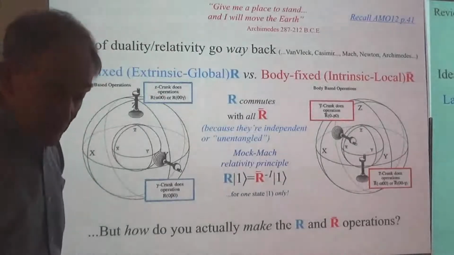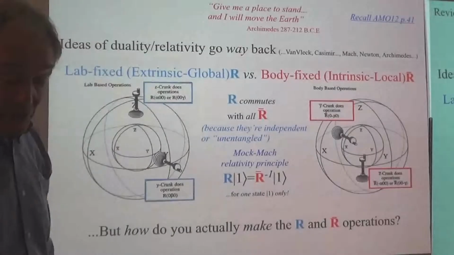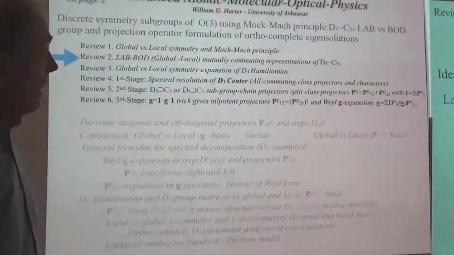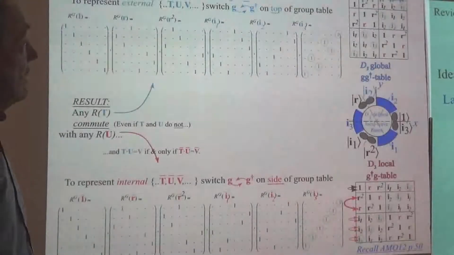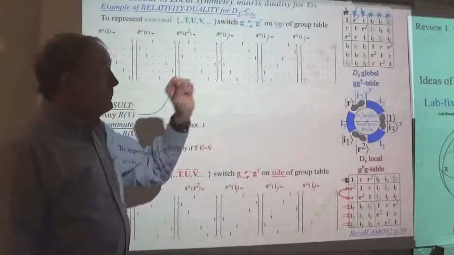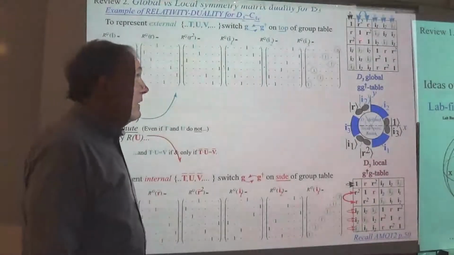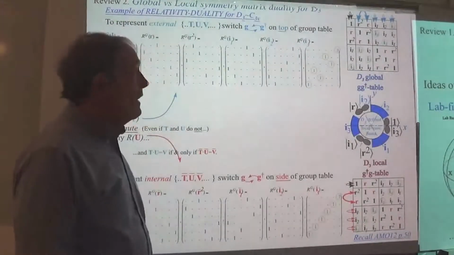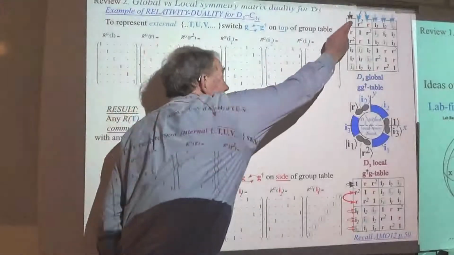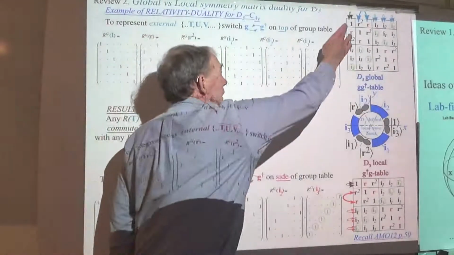We need to make this a little bit clearer. What is it that made that possible with that funny matrix set of local versus global? I'm referring to this one, where we take the group table and arrange it so that the inverses of the elements are taken in order, and we're going to hold that order throughout this lecture.